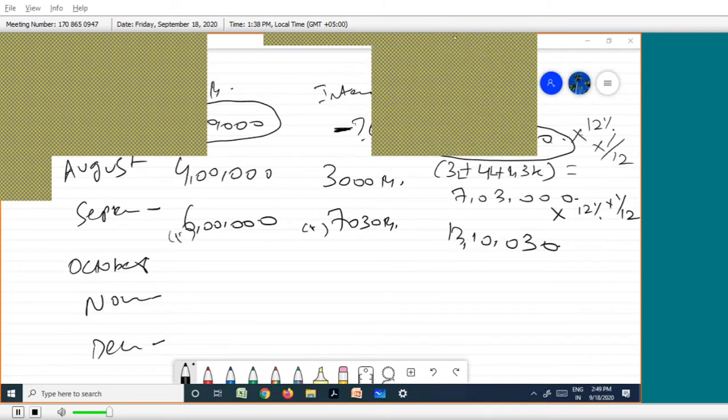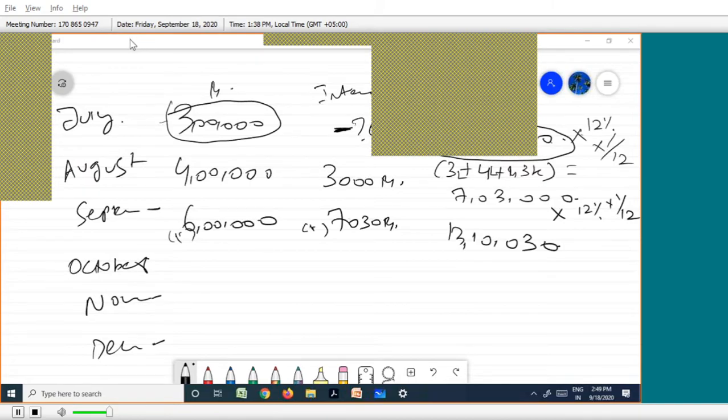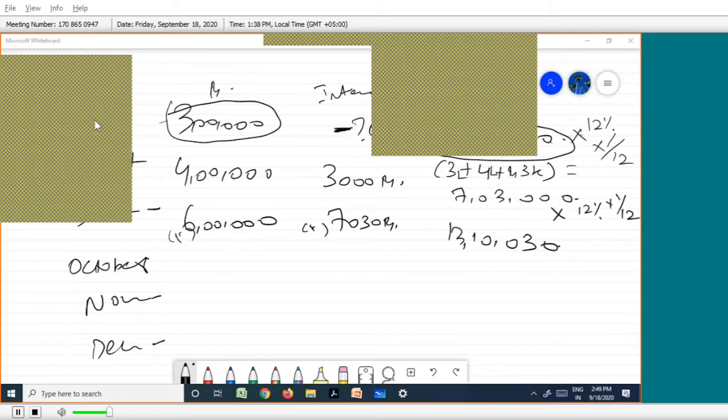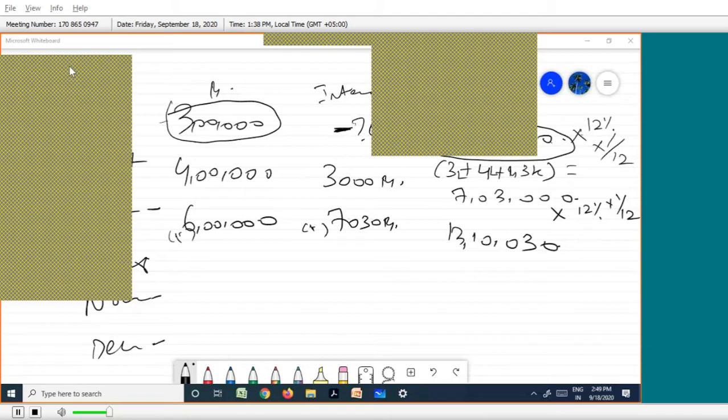Understood? Now what I suggest is, please work out this problem for October, November, and December.